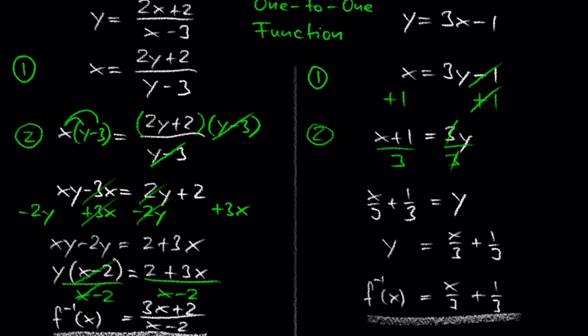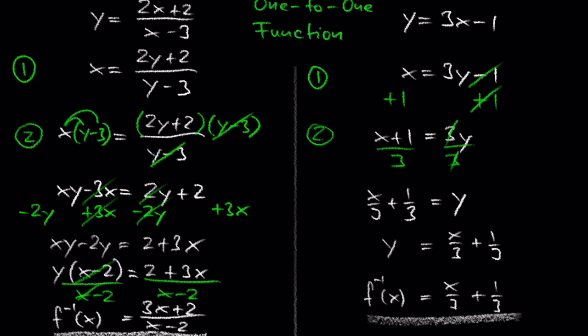Let's do a quick recap. Note that only one-to-one functions have inverse functions. If a function is not a one-to-one function, it has no inverse function. So if you don't know if a function is a one-to-one function, you have to check that first. To find the inverse function of a function, we just need two steps.